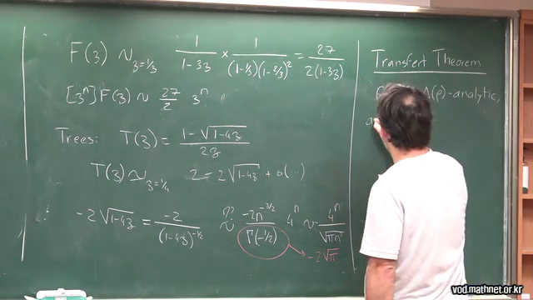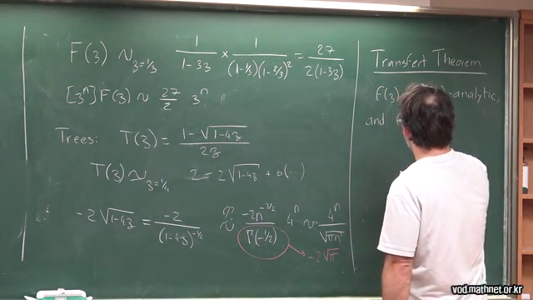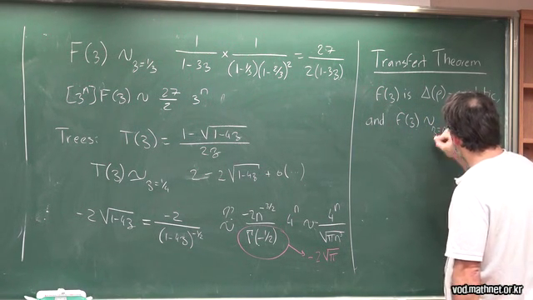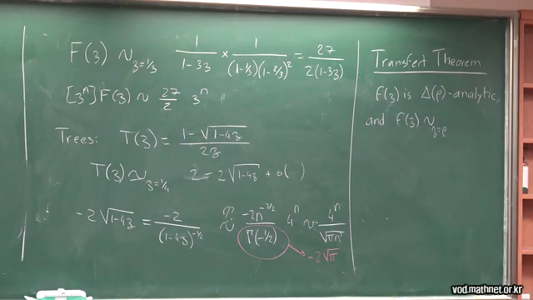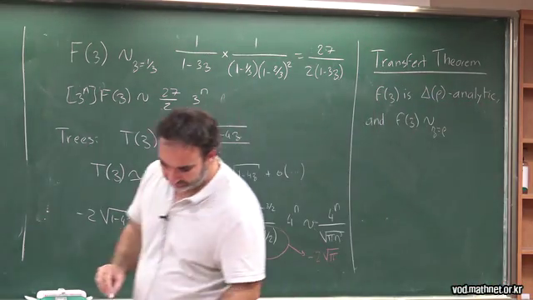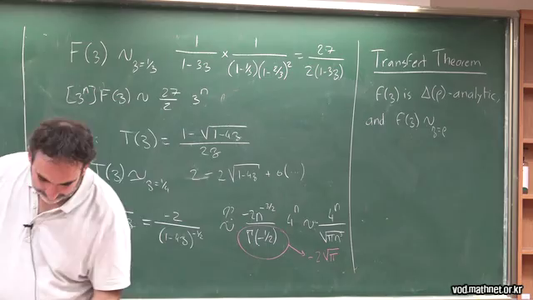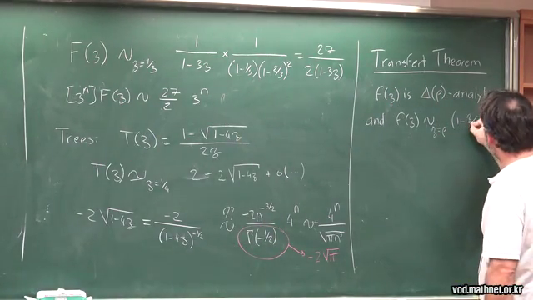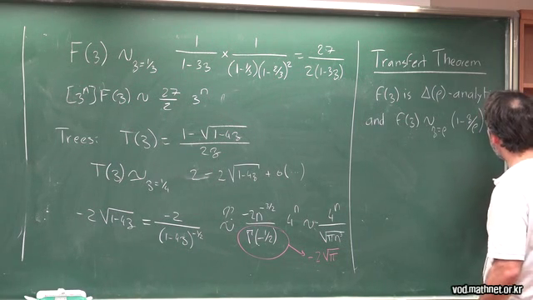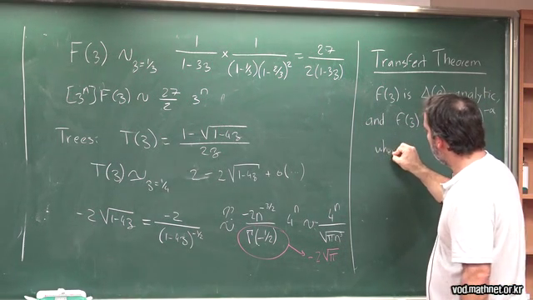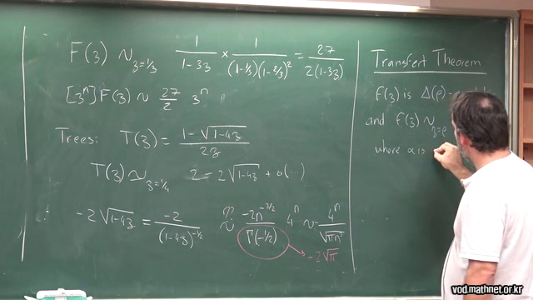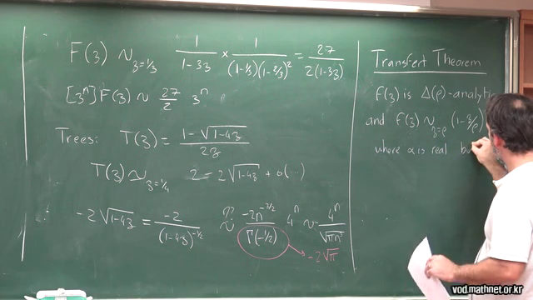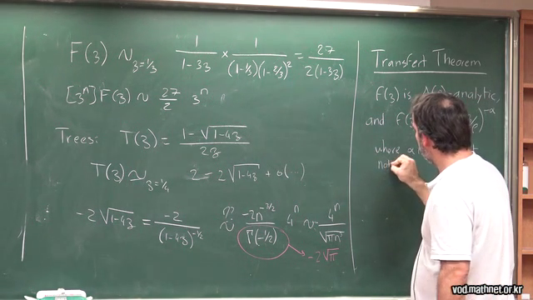And f of z when z is near this singularity rho equals 1 minus z over rho to the minus alpha, where alpha is real but not a negative integer.